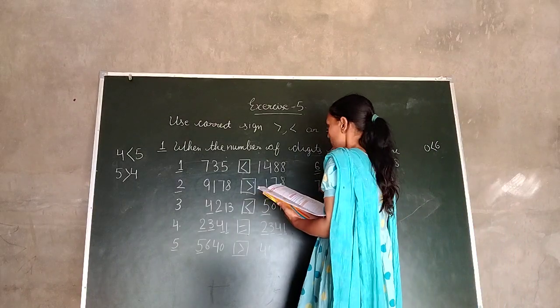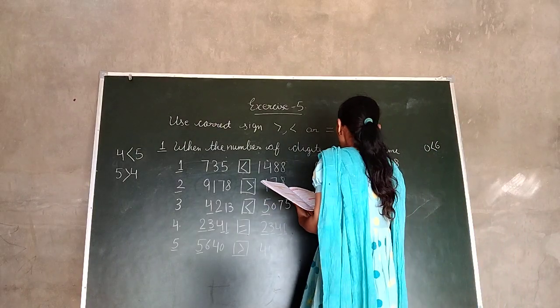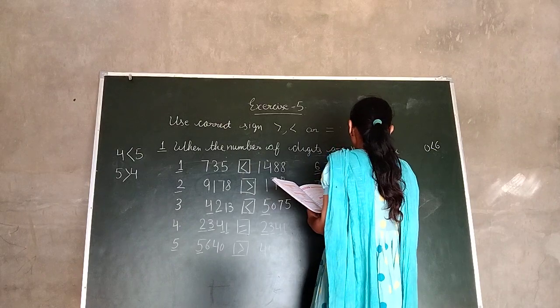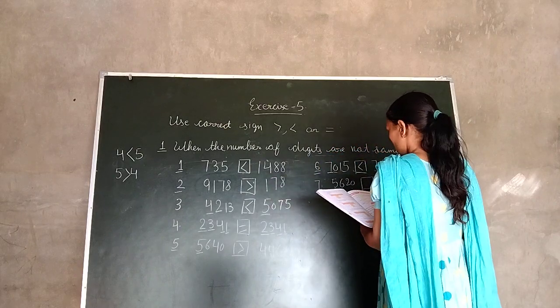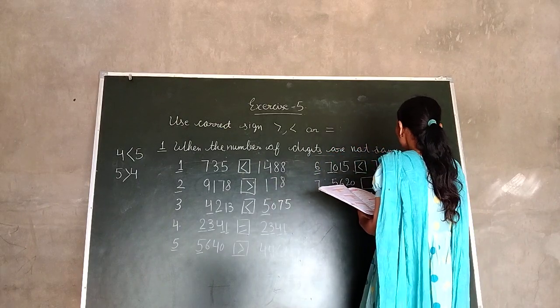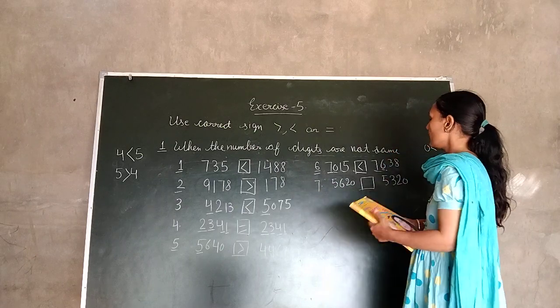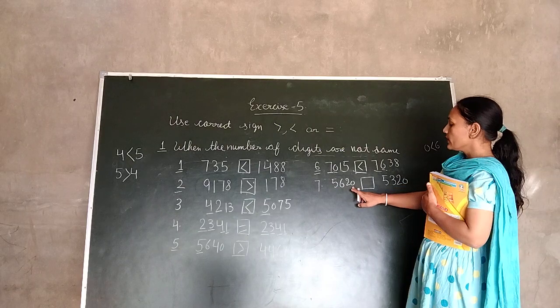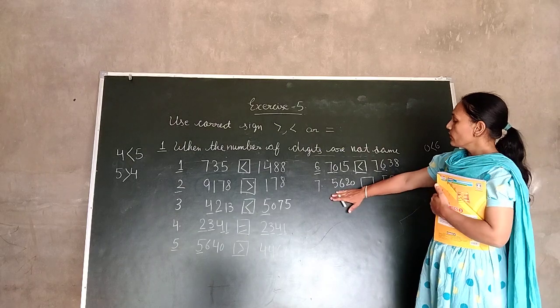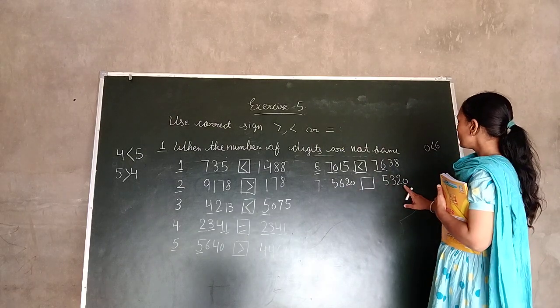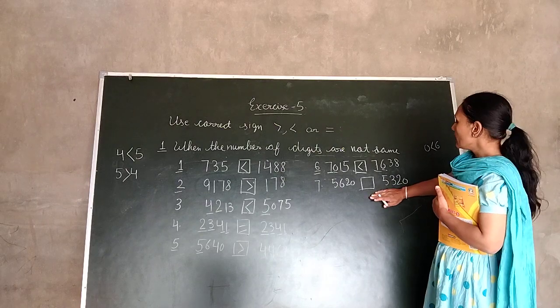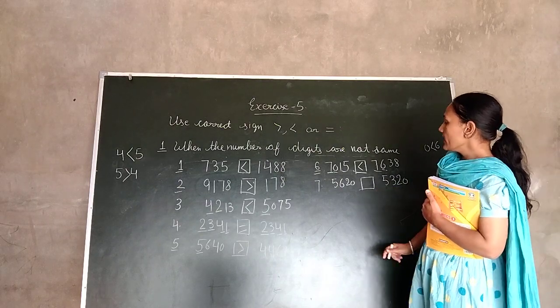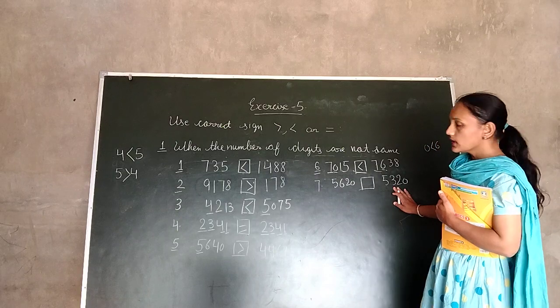Next, seventh question. 5620. And here we have 5320. So first of all, we will count the number of digits. 1, 2, 3, 4. In this number we have 4 digits. 1, 2, 3, 4. In this number we have 4 digits. So the number of digits are same.